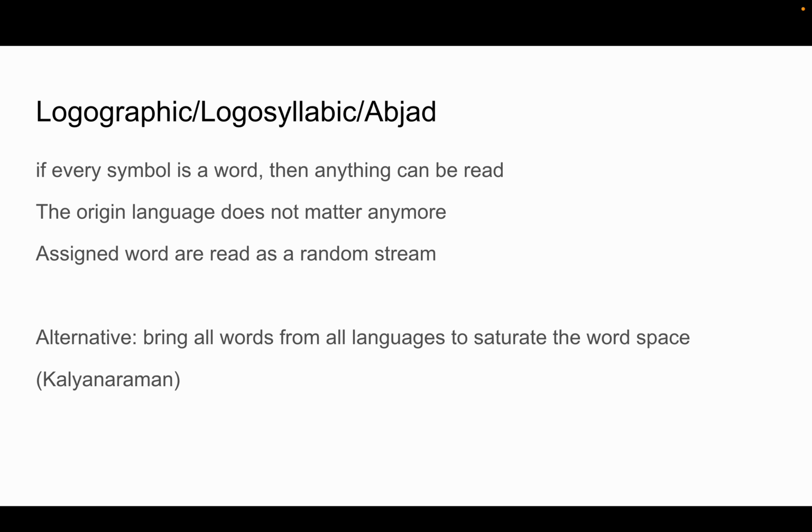One alternative is to bring words from multiple languages and saturate the word space. Kalyana Raman, who has been deciphering the Indus script for decades, uses this technique. He brings the words from all Indian languages and even Arabic and some of the other non-Indian languages, tries to read a word, applies rebus to it, and tries to create a meaningful reading.